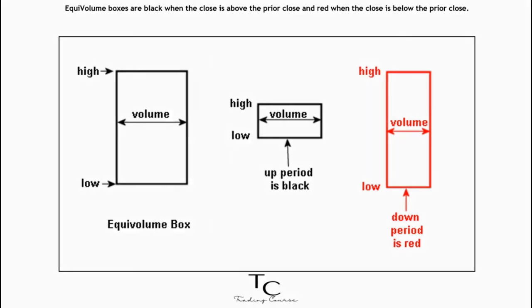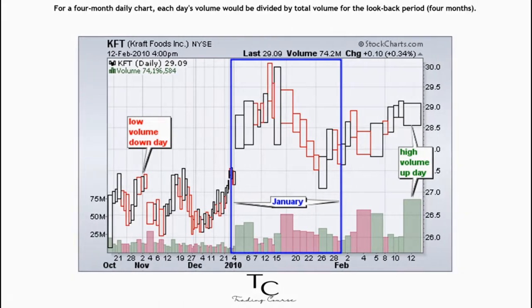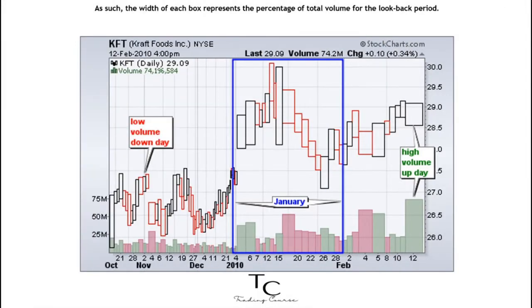When calculating EquiVolume charts, note that volume is normalized to show it as a percentage of the look-back period. For a 4-month daily chart, each day's volume would be divided by total volume for the look-back period, 4 months. As such, the width of each box represents the percentage of total volume for the look-back period.